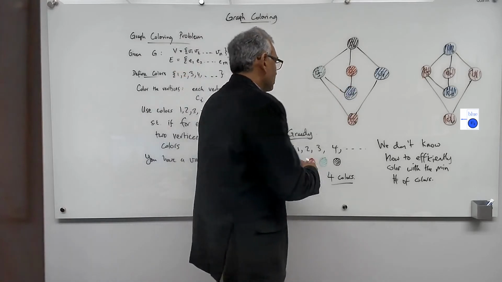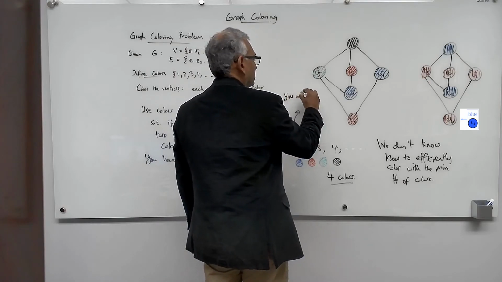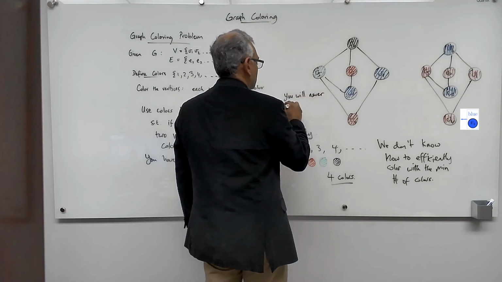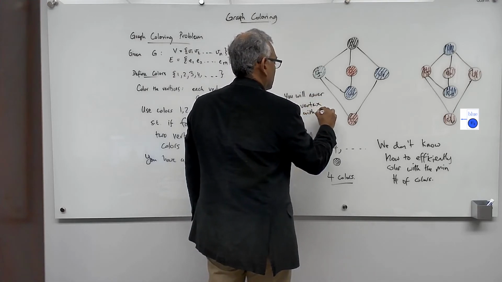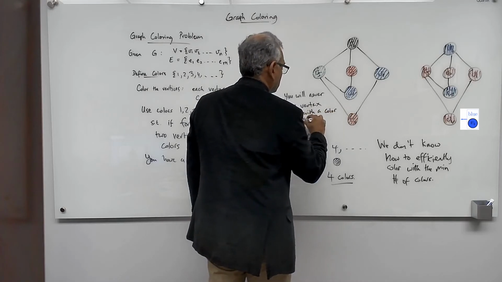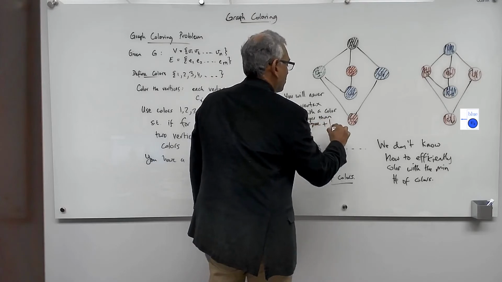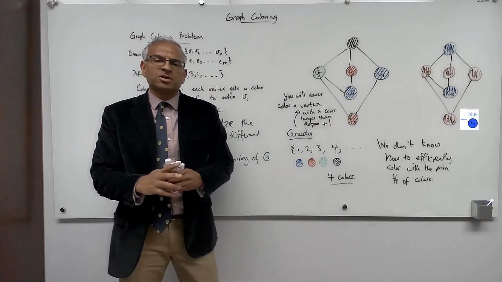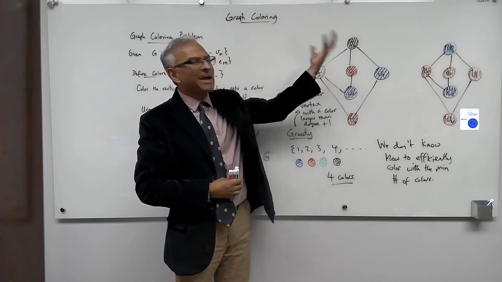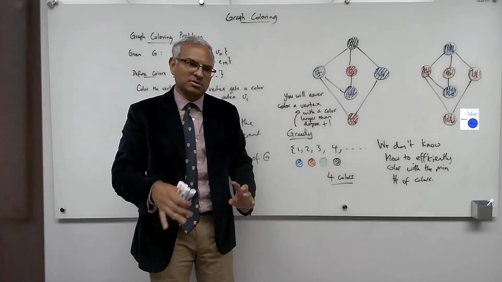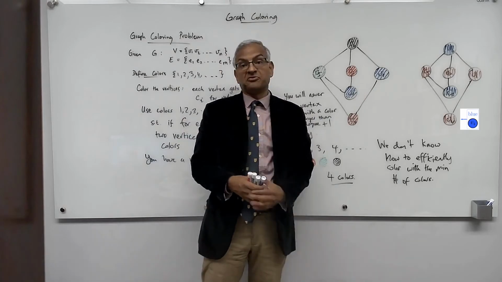So this algorithm shows that you will never color a vertex with a color larger than degree +1. That means it's always possible to get a valid coloring of a graph with a number of colors equal to the maximum degree +1. That coloring is easy to do with greedy. But how to get the minimum number of colors, we don't know.